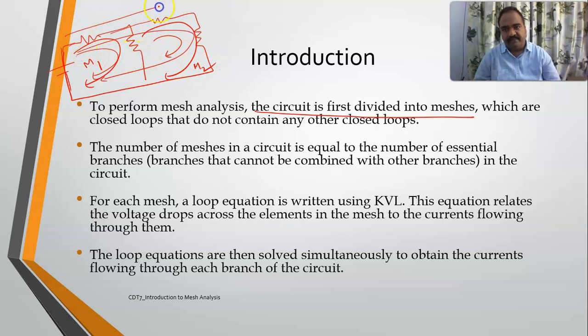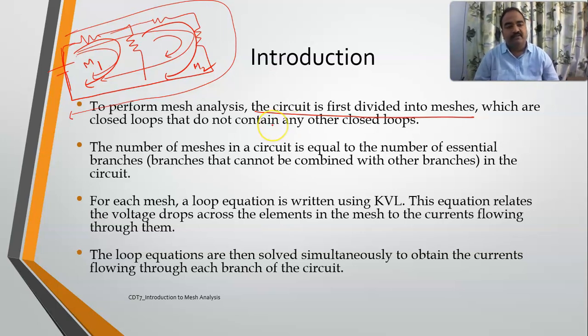Even if I take the biggest one, it can be considered a loop, but it shouldn't be treated as a mesh. Why? Because a mesh does not contain any other closed loops. This loop contains 2 loops again, so it cannot be treated as a mesh. That's why a mesh is the tiniest loop which cannot be further divided. So try to remember that.